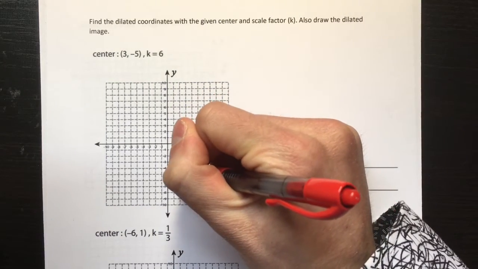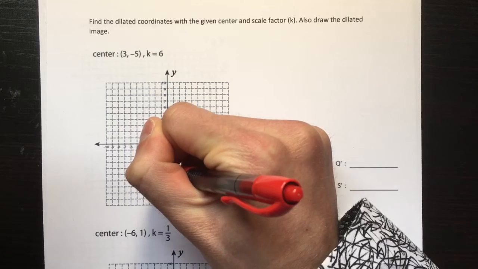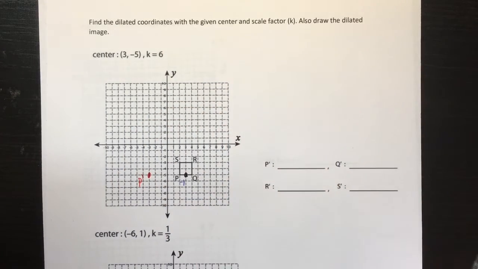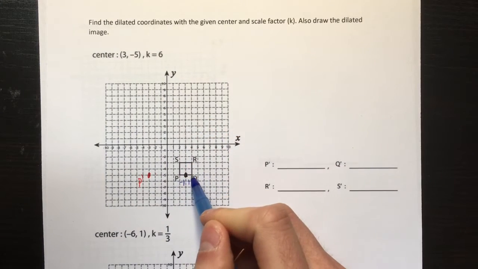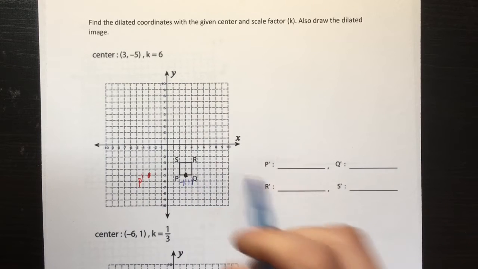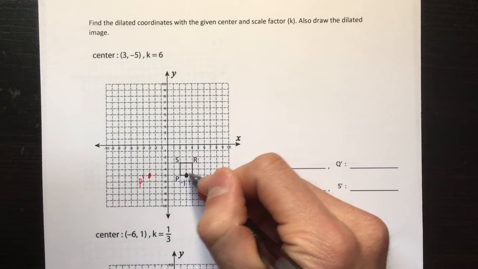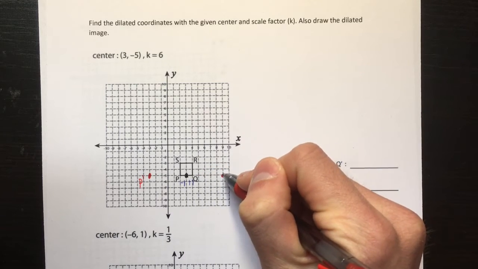So -1, -2, -3, -4, -5, -6. P prime. Q, on the other hand, is +1 units away from our center of dilation in the horizontal direction, 0 in the vertical. So we're just going to go +6 points to get our Q prime. 1, 2, 3, 4, 5, 6.